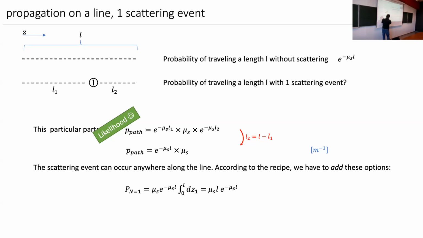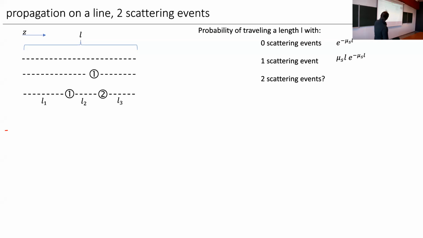The end result is this expression, the true probability of traveling length L with one scattering event somewhere there. That's µs times L times the exponential.